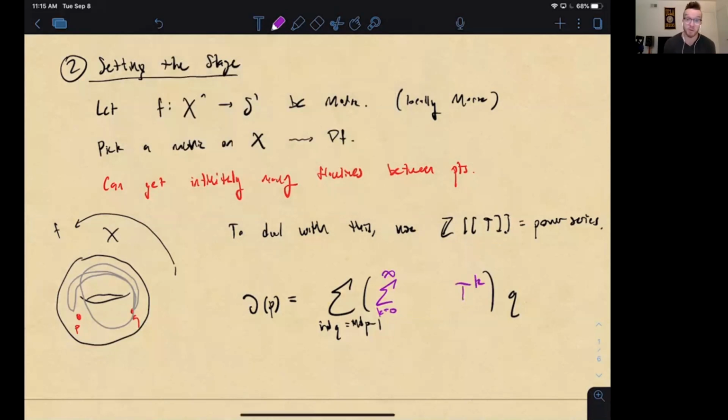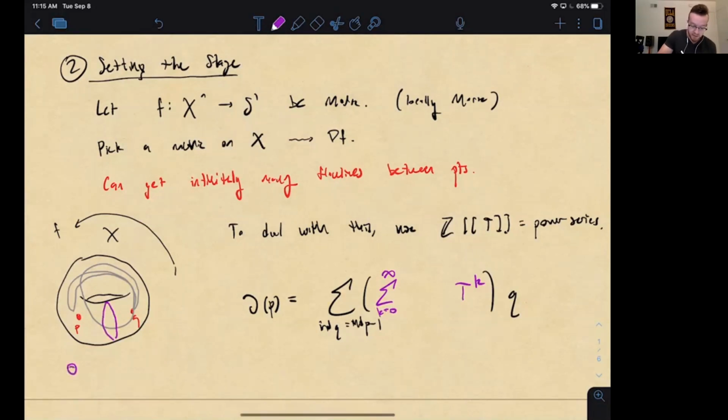So what are the coefficients of this power series? What we do is we pick a regular value for the Morse function and look at the pre-image of that.